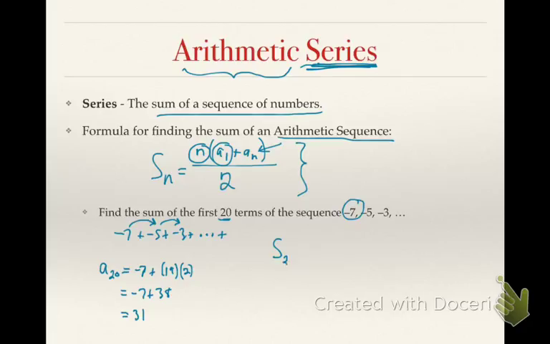So the sum of the first 20 terms is going to be the number of terms, which is 20, times the sum of the first and the last, so -7 plus 31, divided by 2. What I think is really helpful is to find out what the first and the last term add up to before simplifying it further.